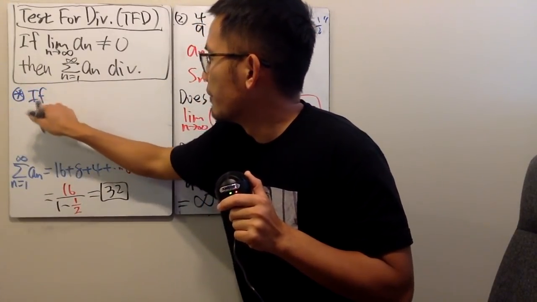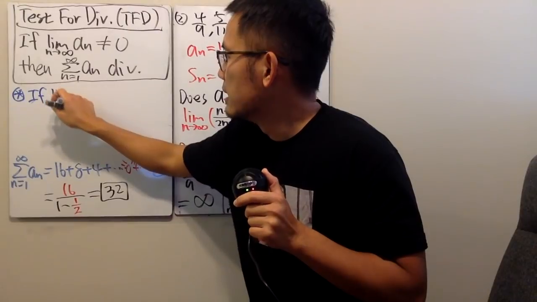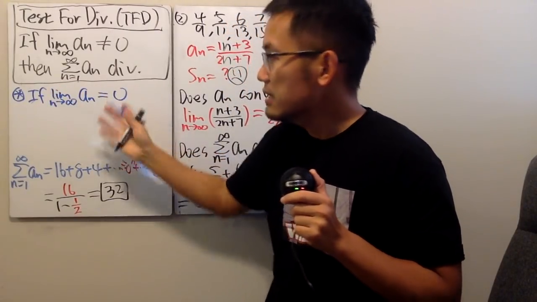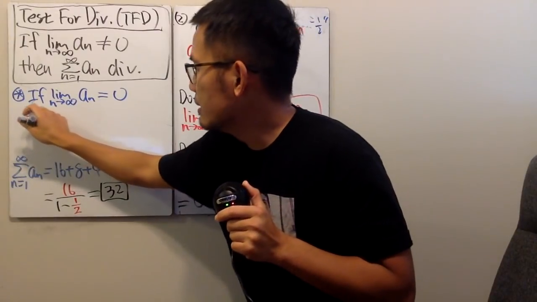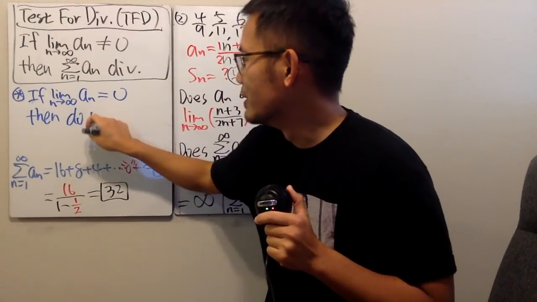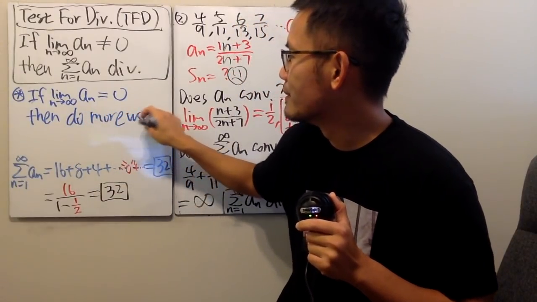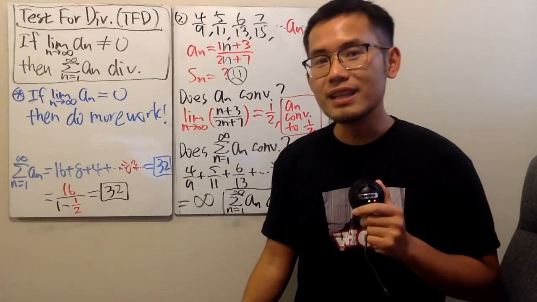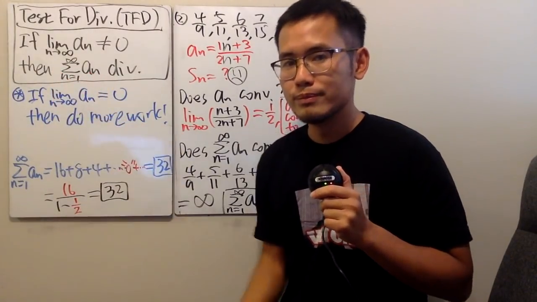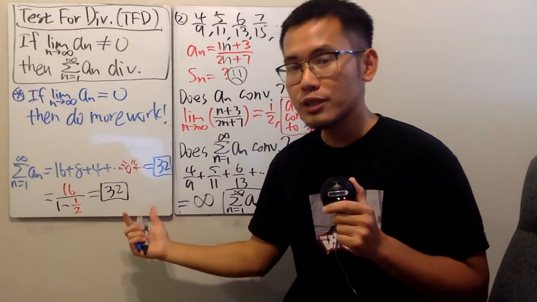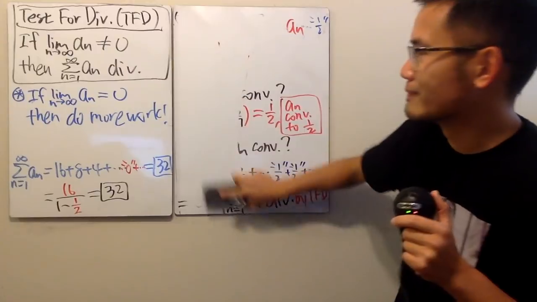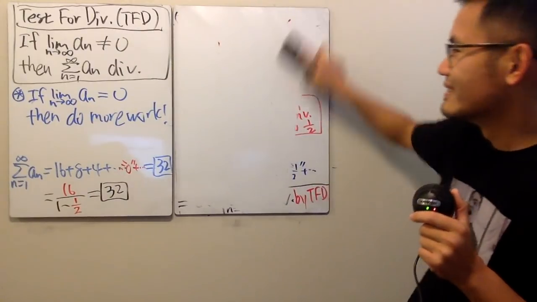If the limit as n goes to infinity of an does equal 0, then you know what I'm going to say. Yes, do more work. Because we cannot draw any conclusion about this at all. Earlier we saw this right here converges. Now, for the next example, I'm going to give you one for this.